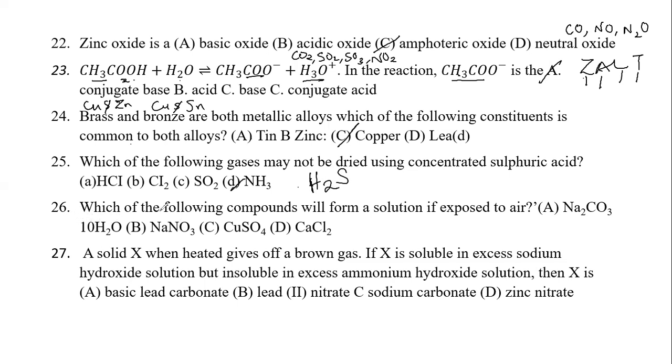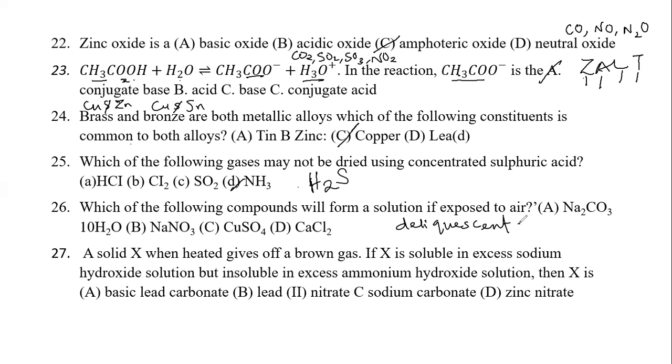Question number 26 says which of the following compounds will form a solution if exposed to air? The compound that will form solution when exposed to air is going to be deliquescent. Deliquescent compounds will form solution when exposed to air.